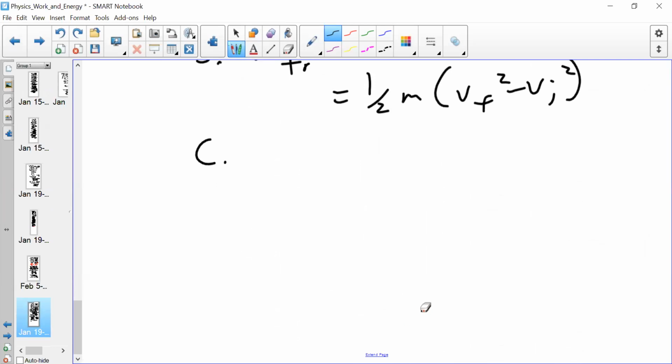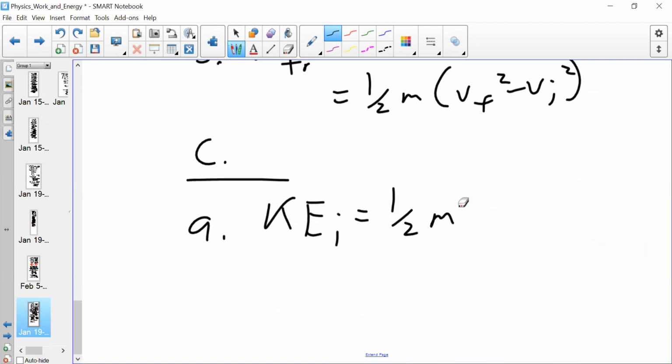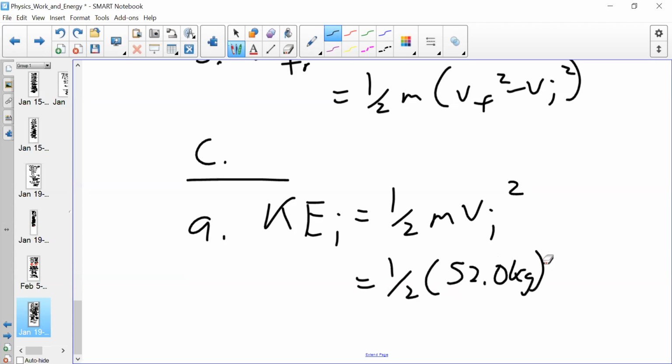So the first case, what is her initial kinetic energy? One half mass times initial velocity squared. That's all we need. 52 kilograms, and then her velocity of 2.5 meters per second squared, and you crank that out.